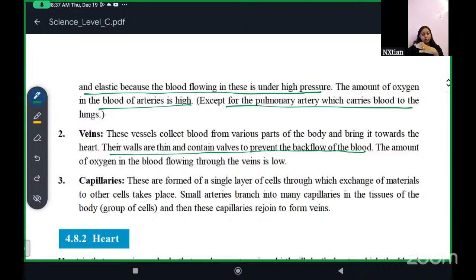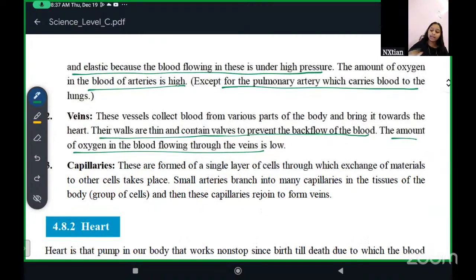Once the blood has passed, the valve closes so that the blood doesn't flow back. The blood flowing through the veins is low in oxygen.